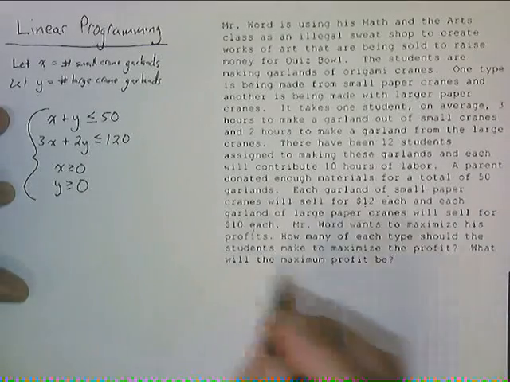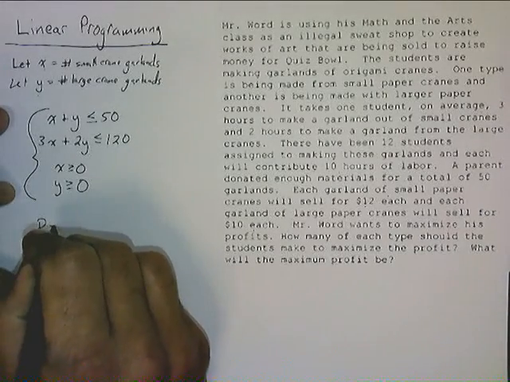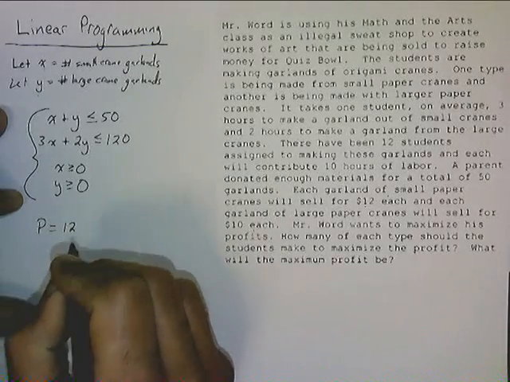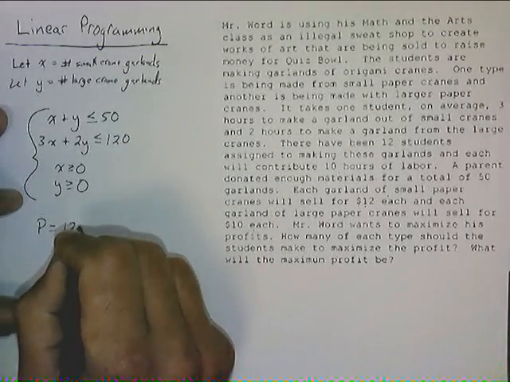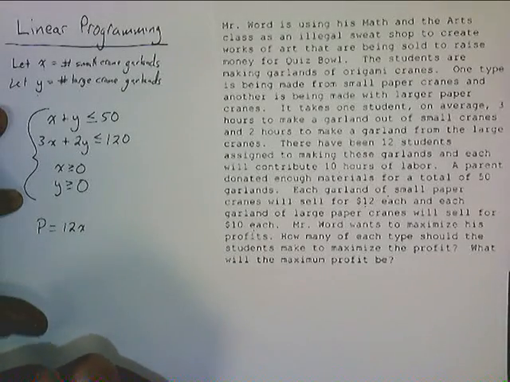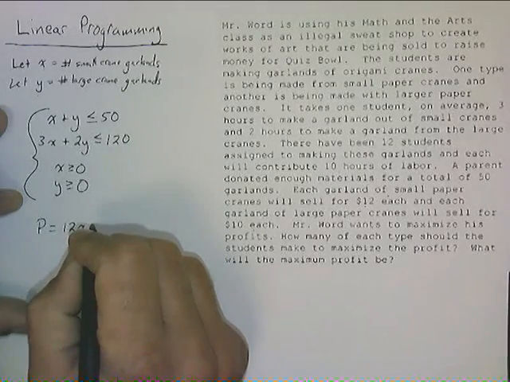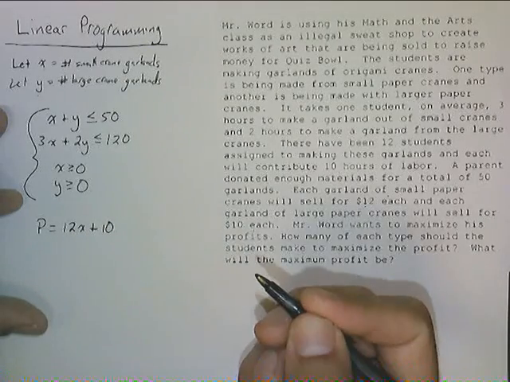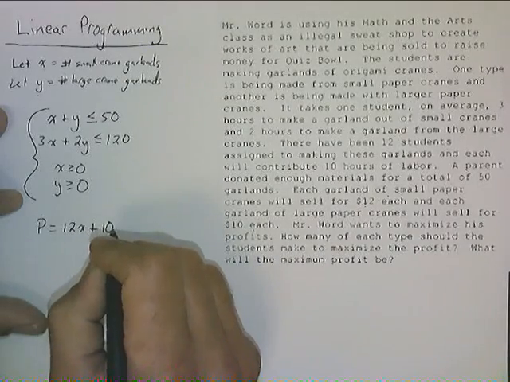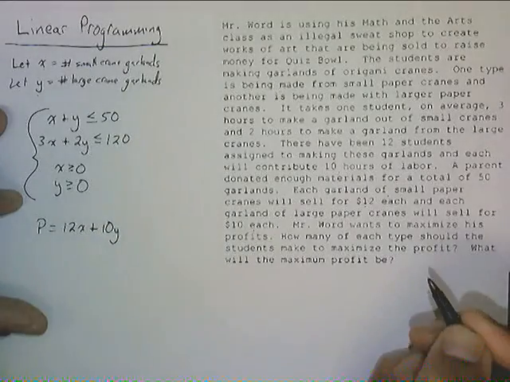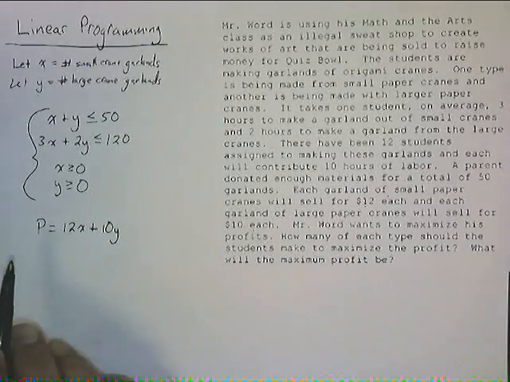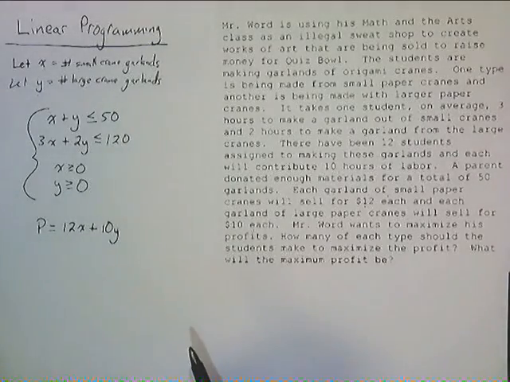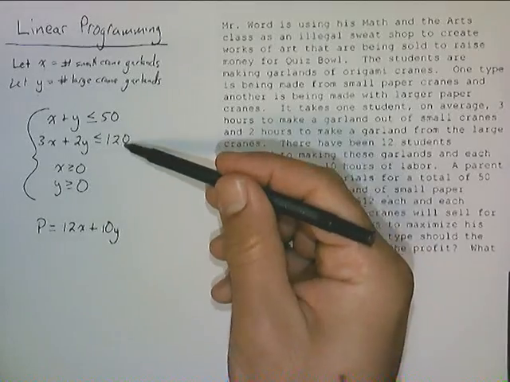So our profit function, P, is equal to $12 per small crane garland times the number of small crane garlands that we sell, plus $10 per large crane garland times the number of large crane garlands that we sell. So here's our profit function. That's what we're trying to maximize given these constraints.